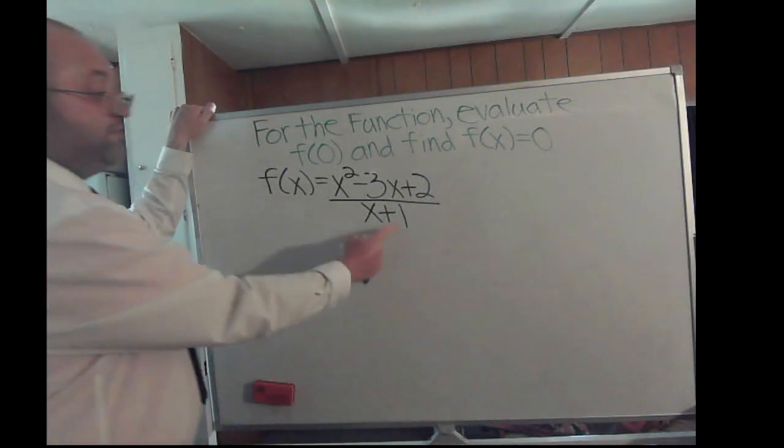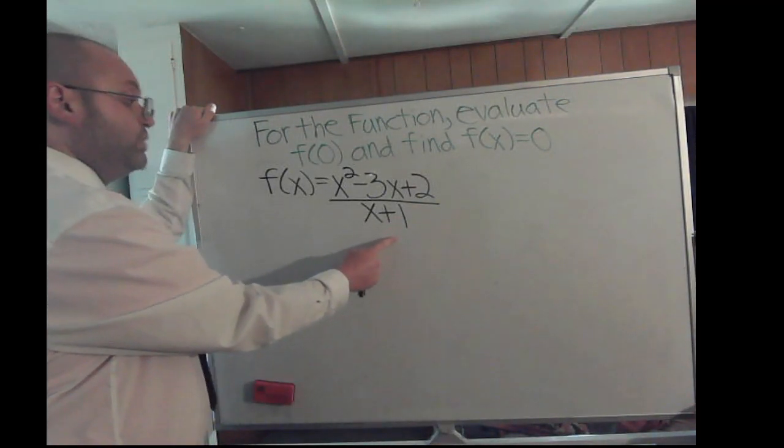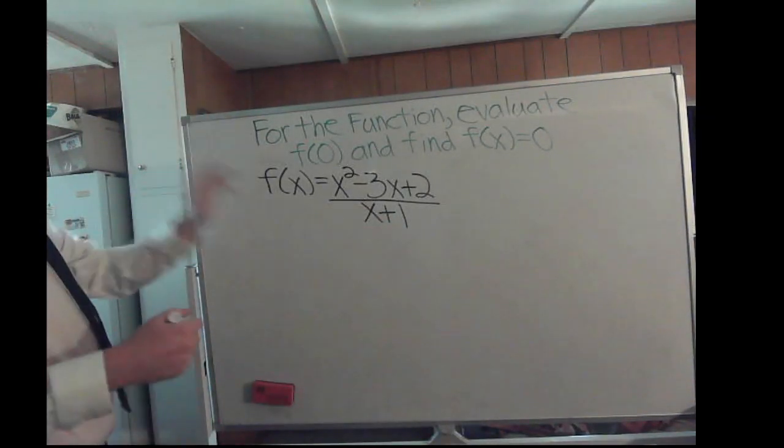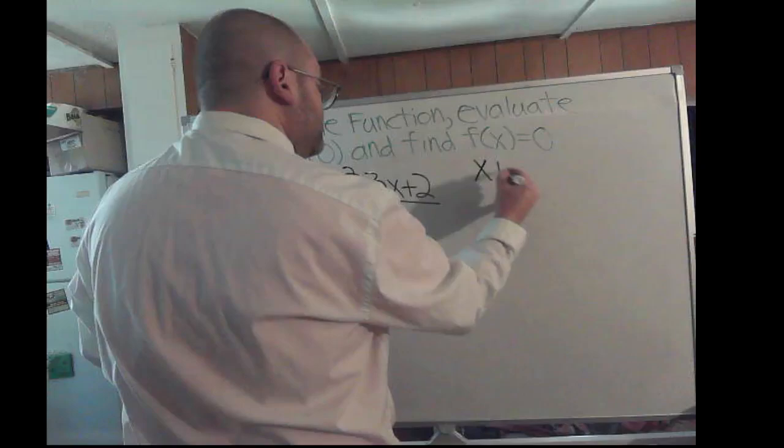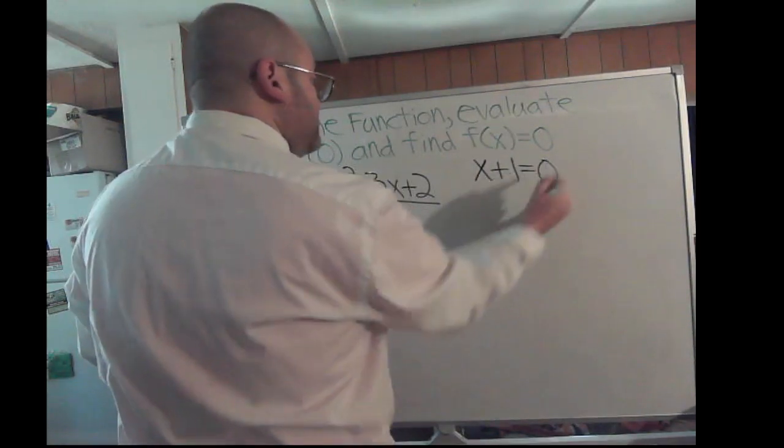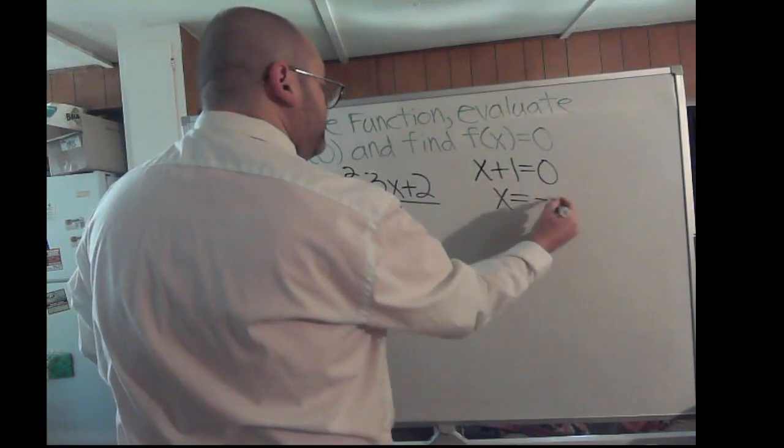We notice we have a variable in the denominator. We need to take that denominator of x plus 1, set that equal to 0, which would give you a value of x equals negative 1.